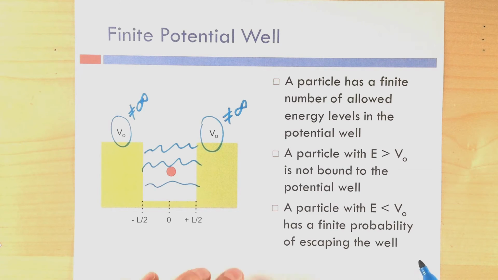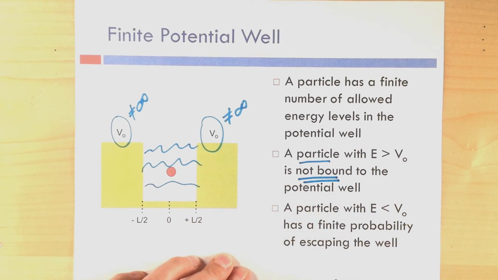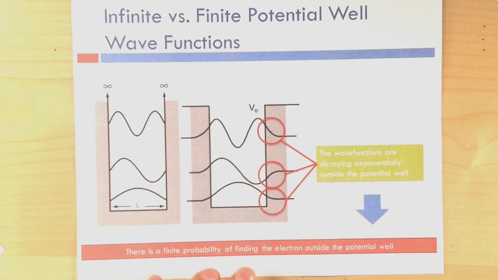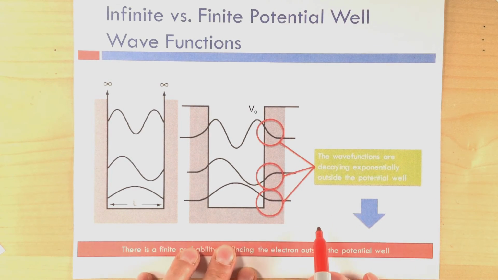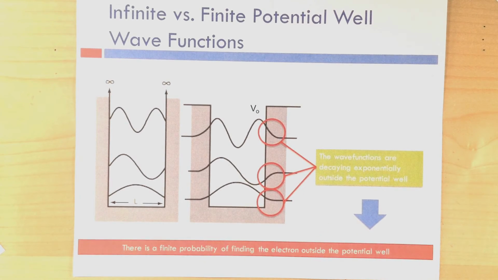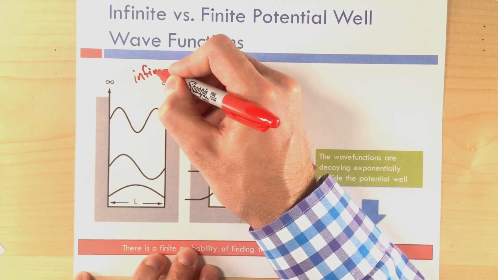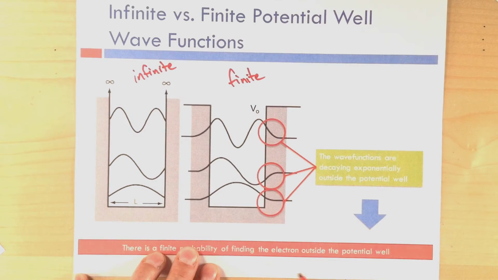Now, in this case, the interesting thing is that the particle is not bound to the potential well anymore because this is not infinitely high. And so there's a finite probability, and this is the interesting bit that I want to start to hint at, we'll pick it up later, there's a finite probability that we will find the electron outside the well, and that's what this illustration shows. This is an infinite potential well, and this is a finite potential well.